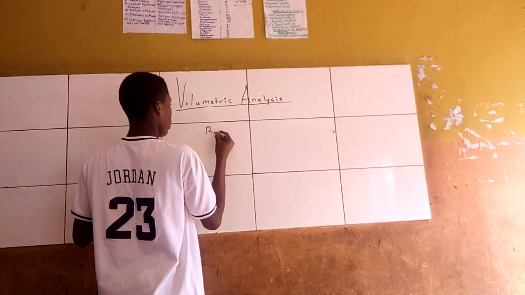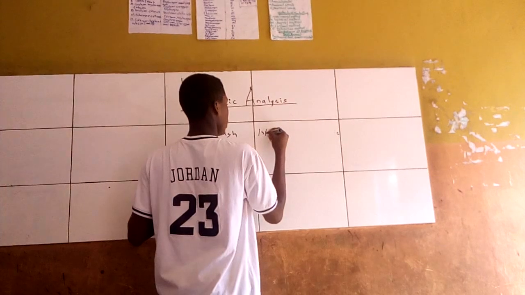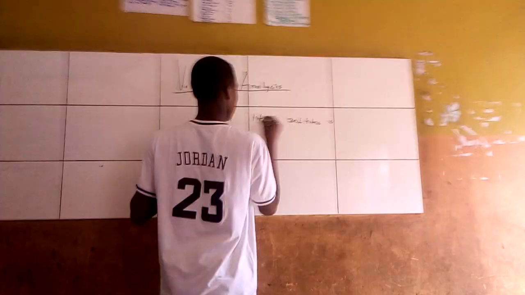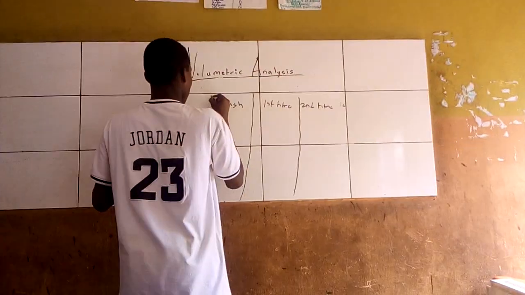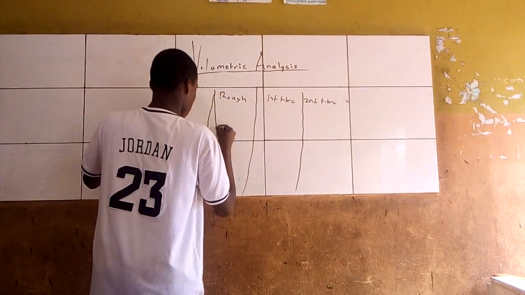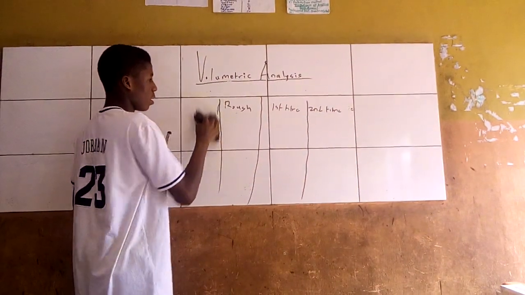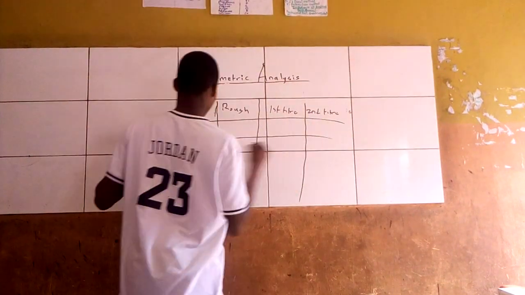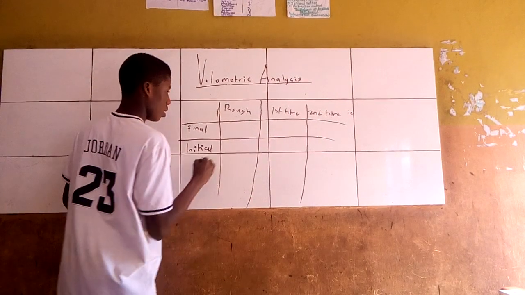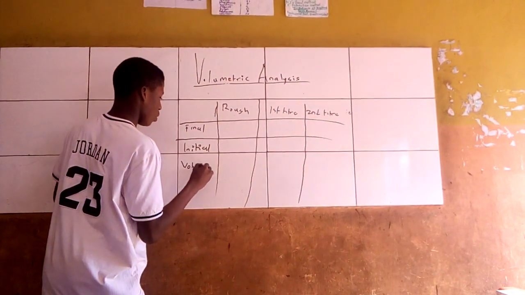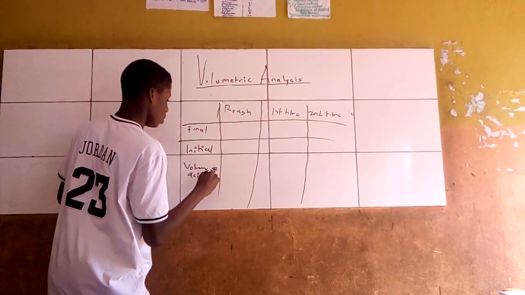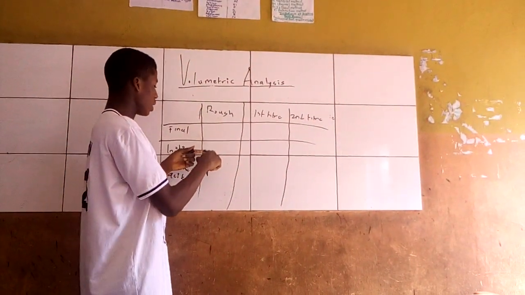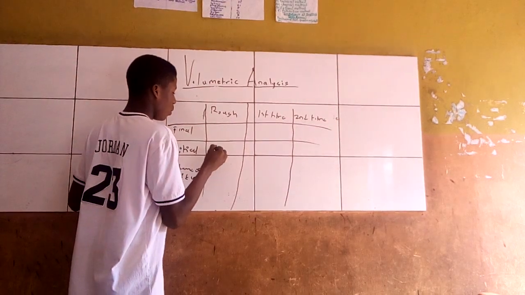You have the rows, first item, then second item, then you have the final, the initial, and the volume of acid used. So the initial point in the burette is usually given to two decimal places, which is 0.00.